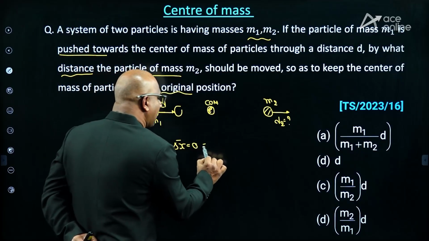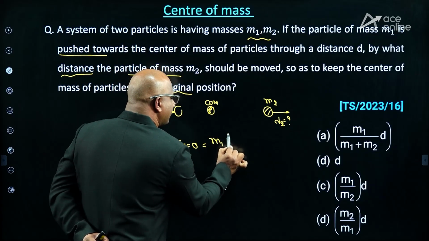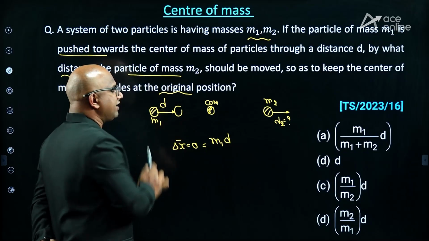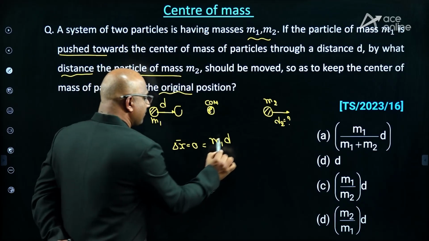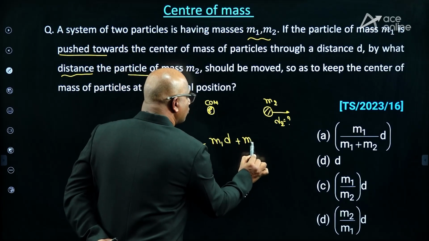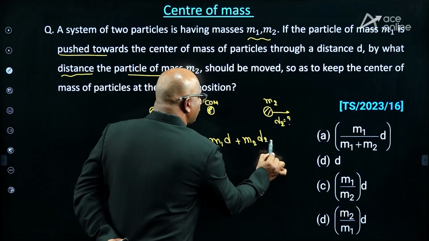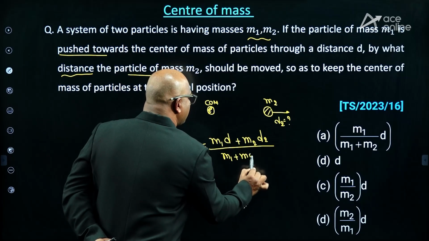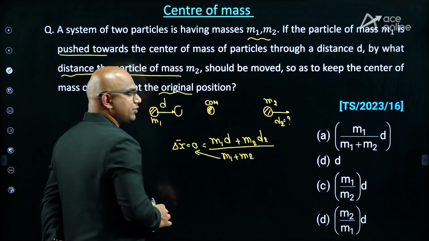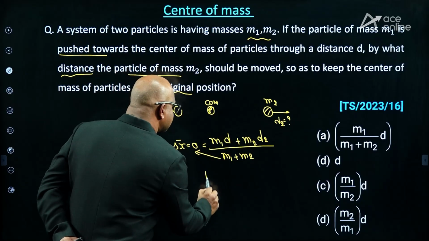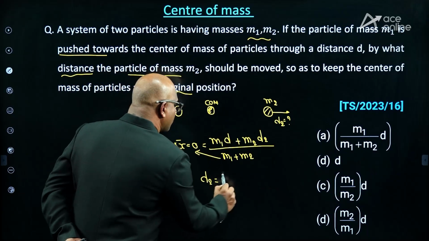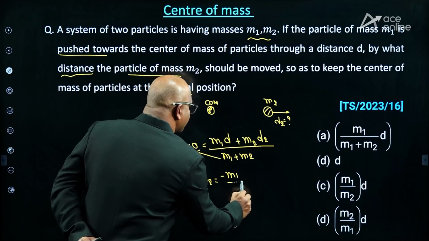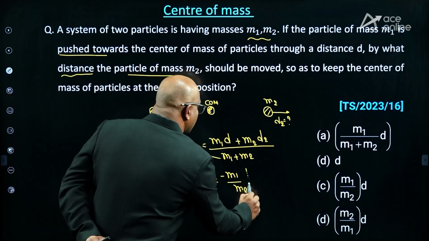The formula is as it is, guys: m1 d, because m1 is moved a distance of d, plus m2 into d2, my task is to find d2, by m1 plus m2. If this is going to be 0 automatically, I can say d2 equals minus m1 by m2 into d.